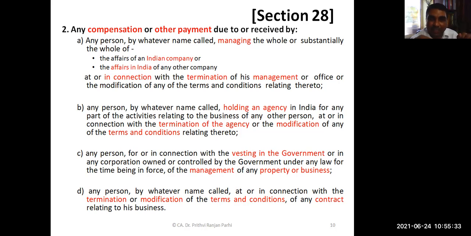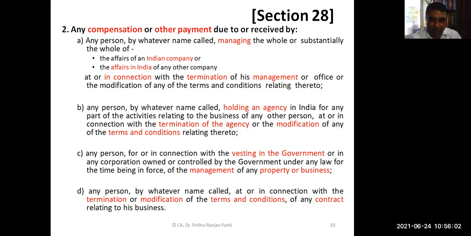In connection with termination of his management or office, or modification of the terms and conditions relating thereto. If this particular job is terminated or the terms are modified, he may be receiving some compensation. That compensation will be taxable under the head profit and gains of business or profession, PGBP.